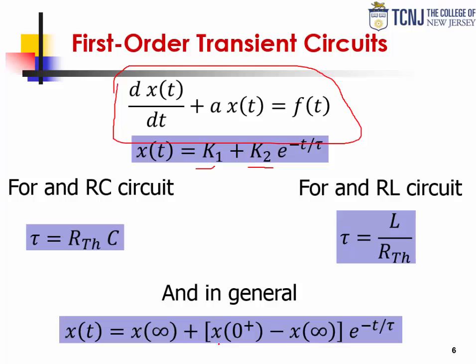And the constant K2 is the difference between that initial condition for a voltage or a current right after we start measuring, or an infinitesimal amount of time right after t0, minus that value after a long time, times the exponential term of e to the minus t divided by tau.